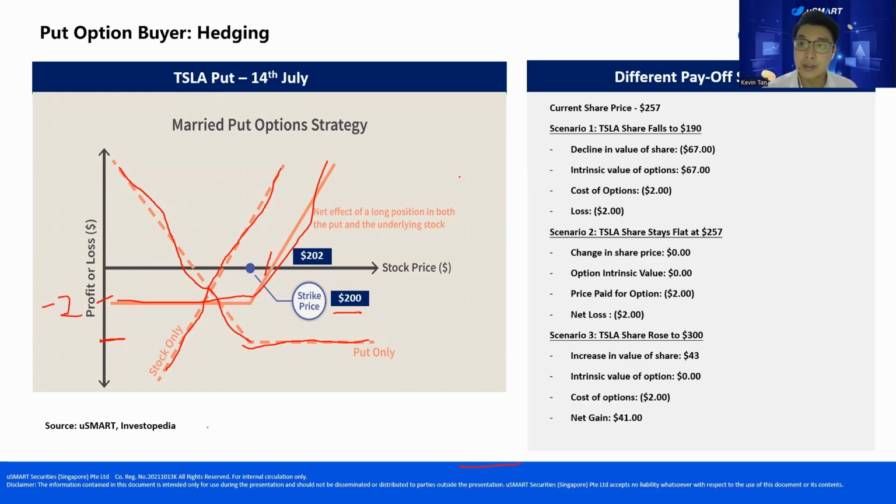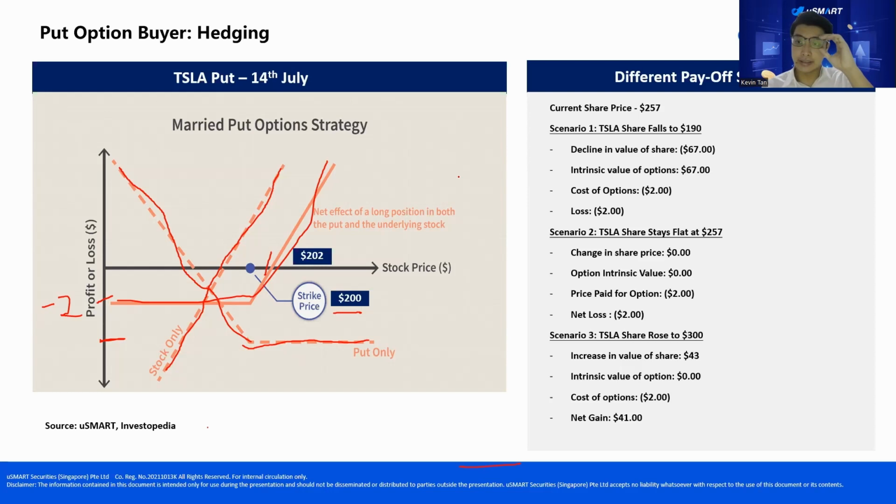You are much better off to just sell it at the current market price. And so your option has no intrinsic value. And once again, you have to factor in the price that you paid for the option, which is $2. So you would suffer a net loss of $2.